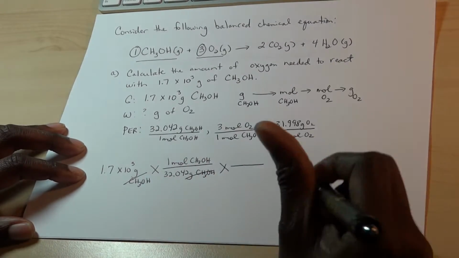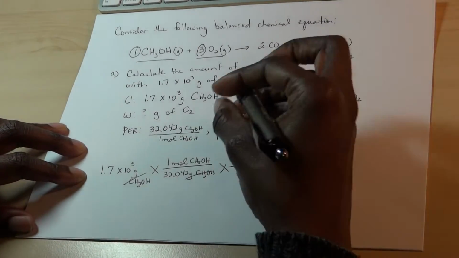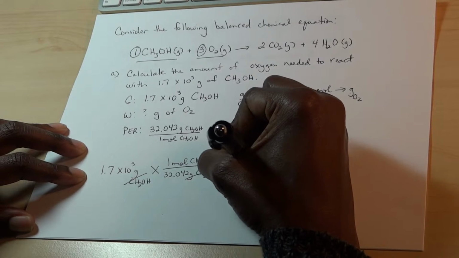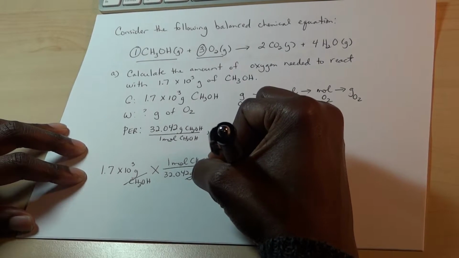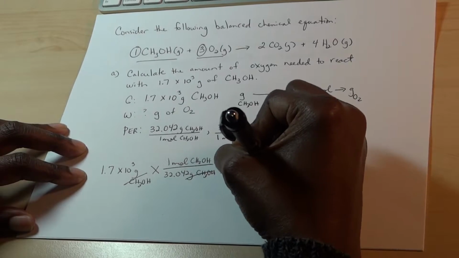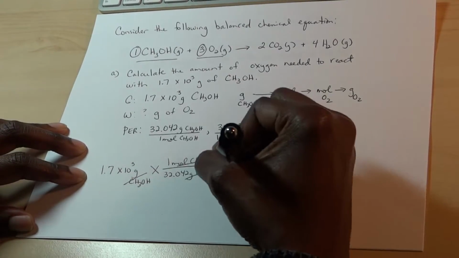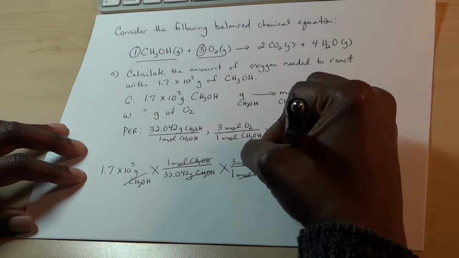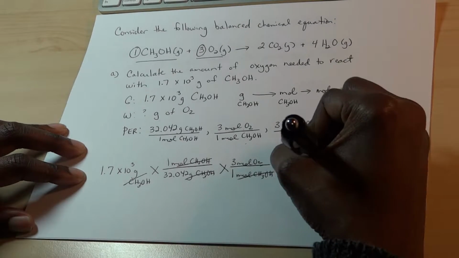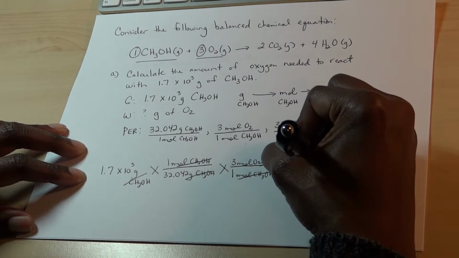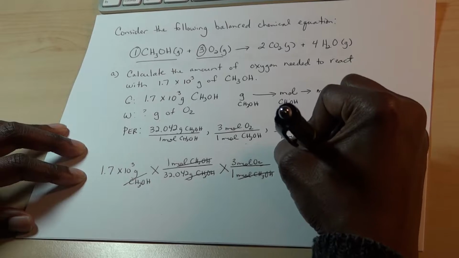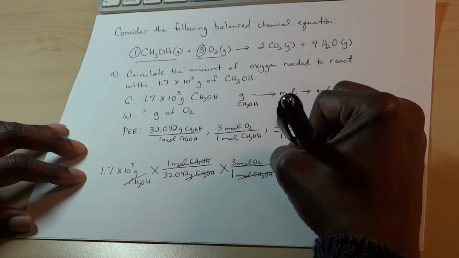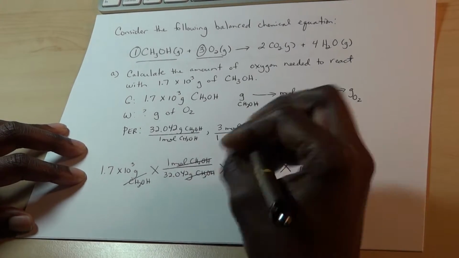Then from moles of methanol to moles of oxygen using the mole to mole ratio, 3 moles of oxygen goes up top, so moles of methanol goes on the bottom and cancels. And lastly, the molar mass of oxygen, 31.998 grams of oxygen per mole of oxygen, so that moles of oxygen cancel.